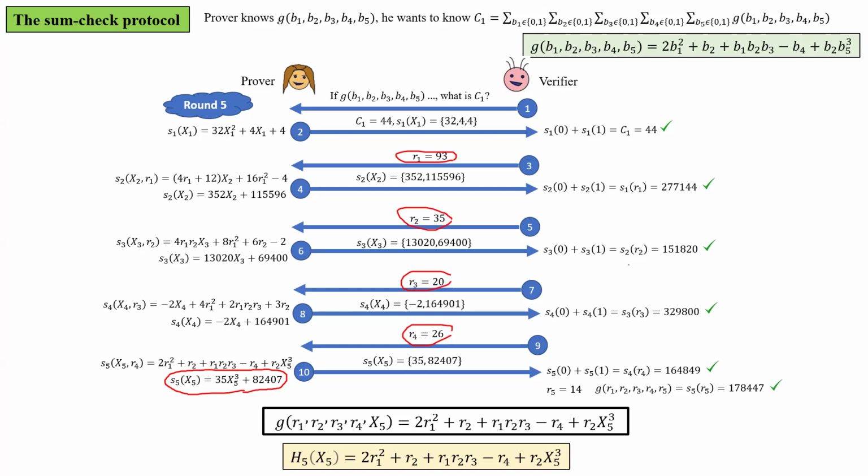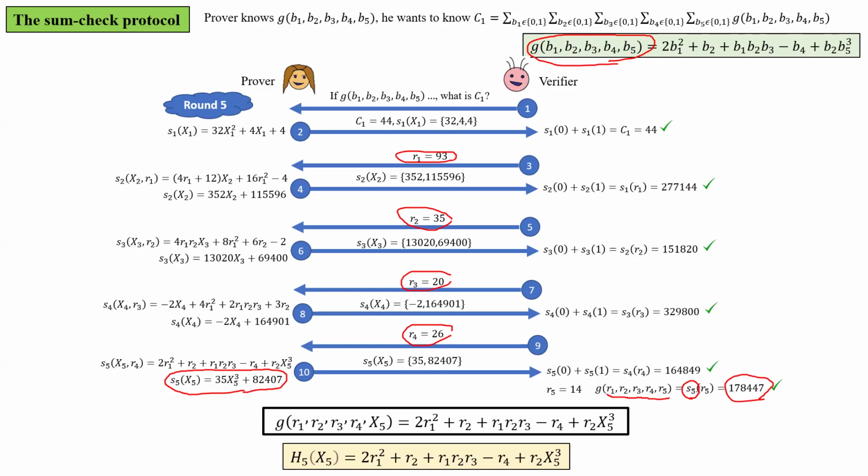So since the verifier knows what function g is, the verifier can replace the variables b1 to b5 by r1 to r5. And if the variables are replaced with the values of r, the final evaluation would be this value, 178,447.